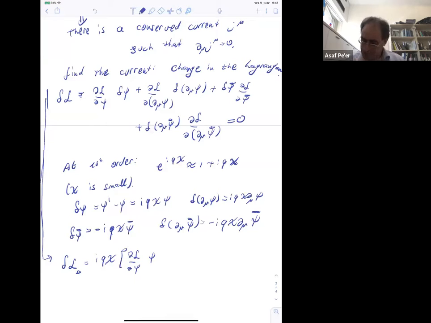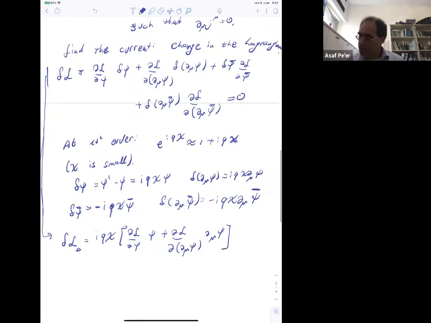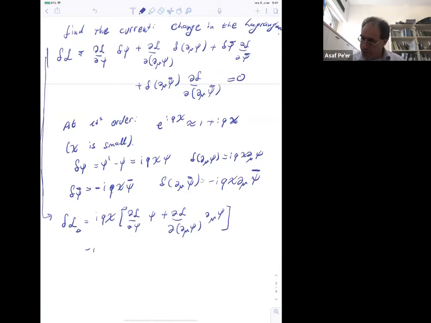And then plus dL over d d mu psi times d mu psi. That's the second term. And then the third and the fourth would be similar, but of course with a minus: minus i q chi, psi bar dL over d psi bar plus d mu psi bar dL over d d mu psi bar. Which, as we stated, is 0.